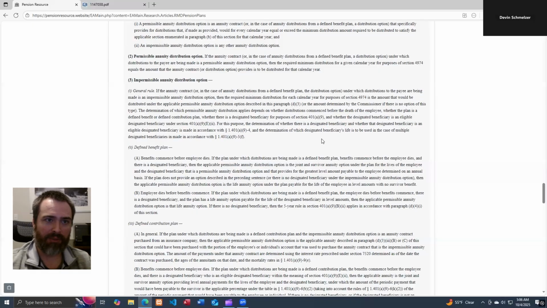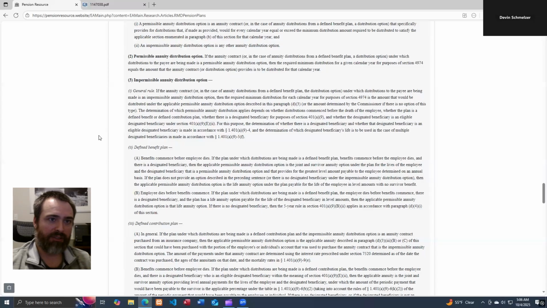Again, this is my best interpretation of the guidance, that since there is no elected form of payment by the participant, the default form of payment, the most expensive, very likely is going to be used. So it's going to be a single life multiplied by 12 for how many years were missed, or the joint survivor multiplied by 12 for how many years were missed. 12 monthly payments times, say, 2 years missed, added up for the total excise tax that was to be paid.